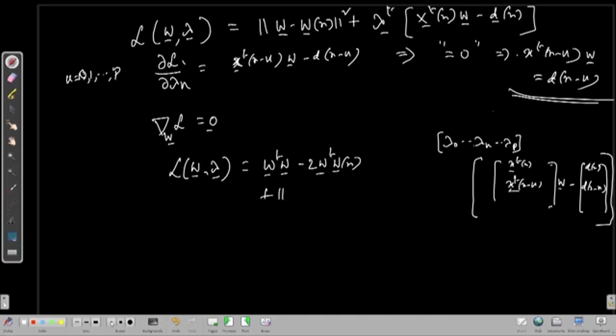You can write it either in terms of the norm or just this way. w transpose w is the norm square of w. Similarly, w n transpose w n is the norm square of w n. I am writing like this, you could write as norm square also. So this is the part, and then you have that extra part.